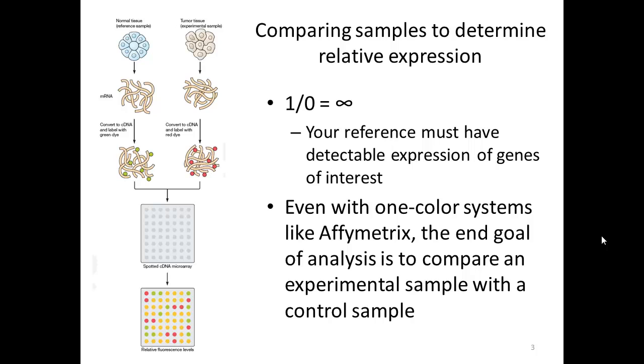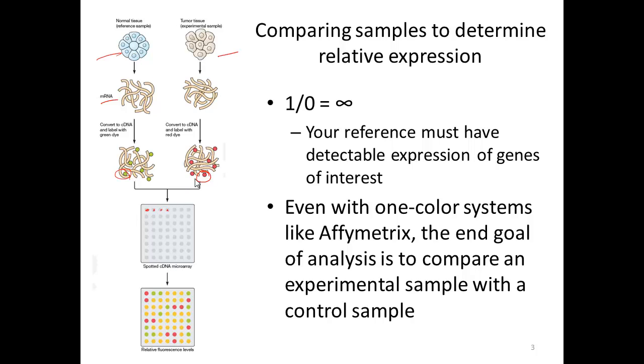So again, this is an overview of the experiment. We have two different sample types, in this case normal tissue and a diseased tissue. We'll isolate the mRNA and label it with fluorescent molecules, green for the control sample, red for the disease sample. Now we have our spotted microarray, and each spot is a different gene. This is gene 1, gene 2, gene 3, gene 4. Those are different PCR products.